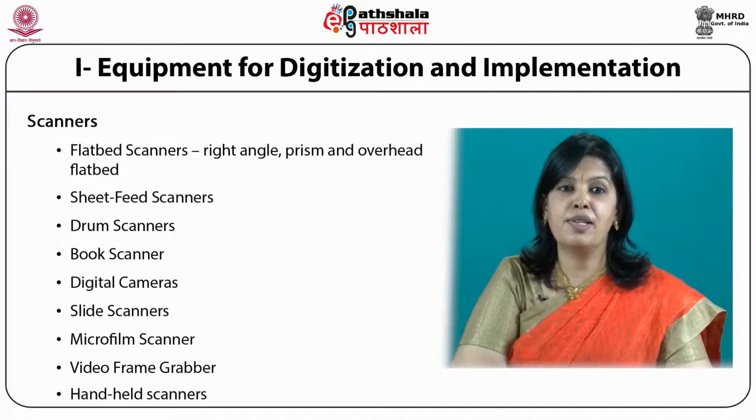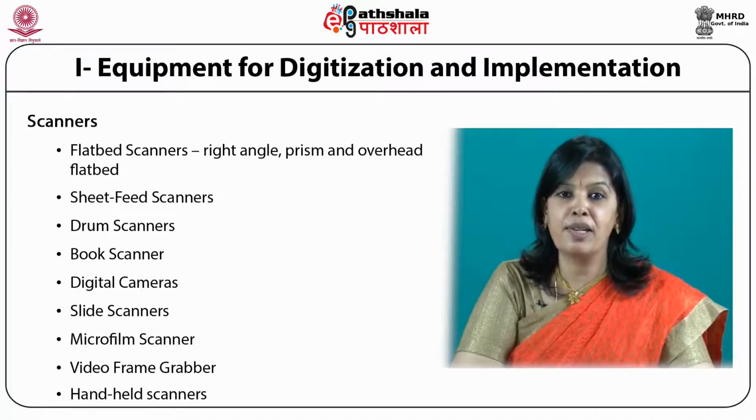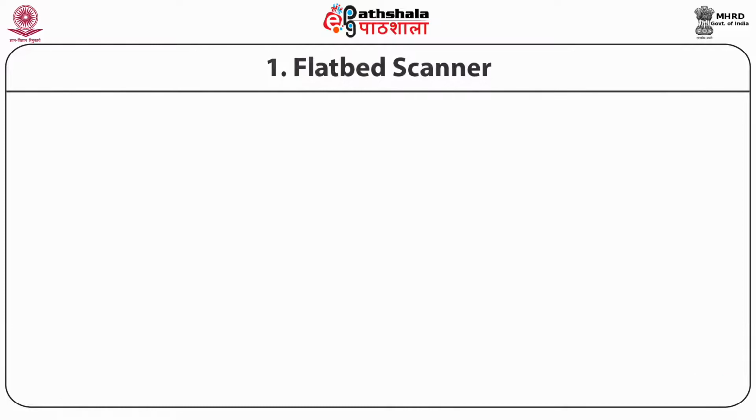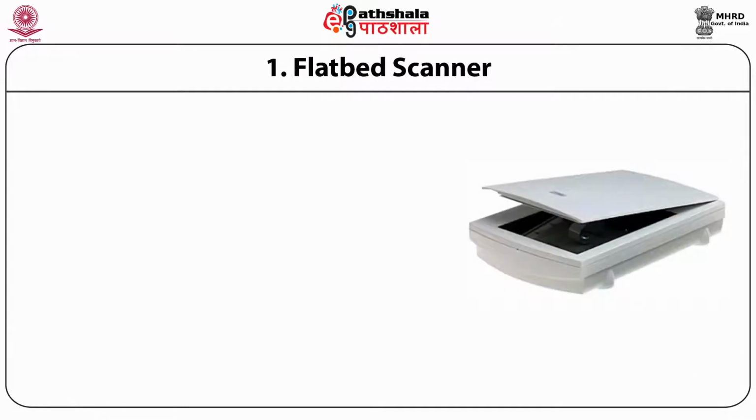First, let us discuss equipment for digitization and implementation. First equipment is scanners. There are various types of scanners available nowadays. Let us see them one by one. The first one is the flatbed scanner. Flatbed scanners are the most common and widely used scanners.